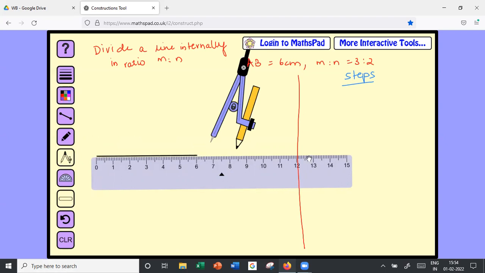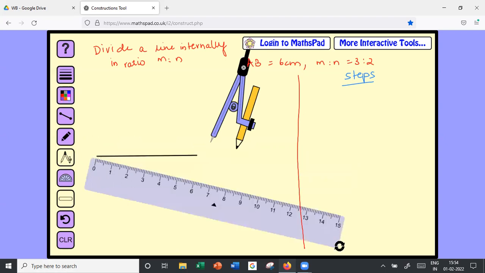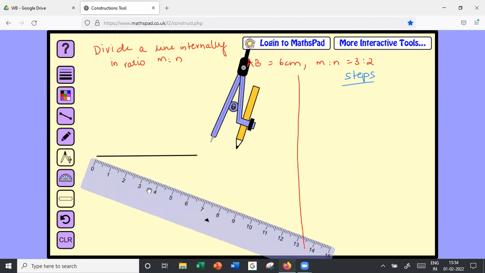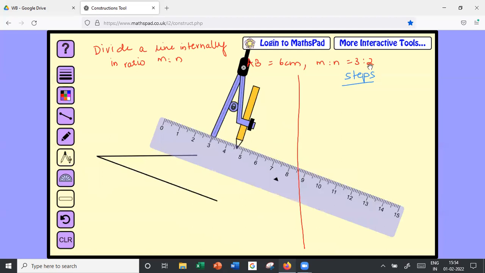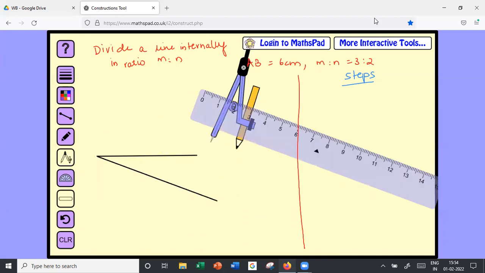Now one acute angle below. Let me label this: this is A, this is B, and this is X. This is 6 centimeters. I'm not writing the 6 centimeters part right now because there'll be lines in between and you'll get lost. Once it's done, I'll write it.